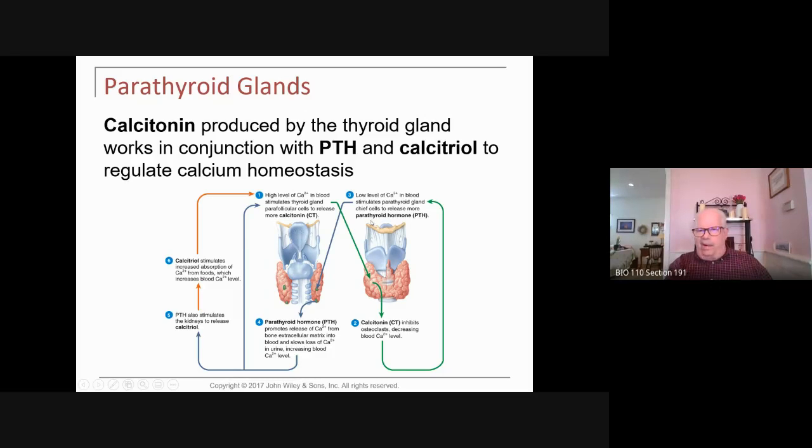Also, if parathyroid hormone has been stimulated, it will also stimulate the kidneys to release calcitriol. And it will stimulate the absorption of more calcium from food, increasing your calcium levels.